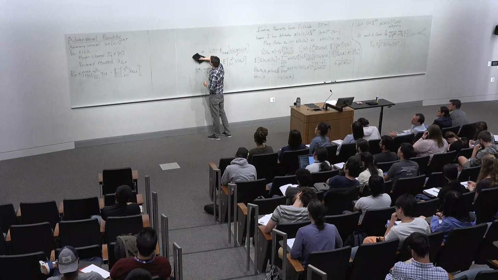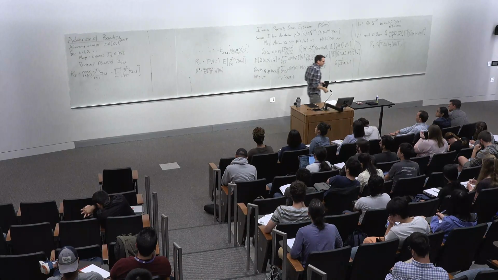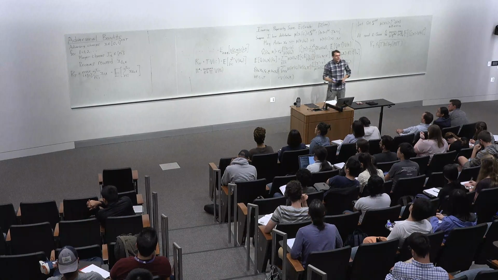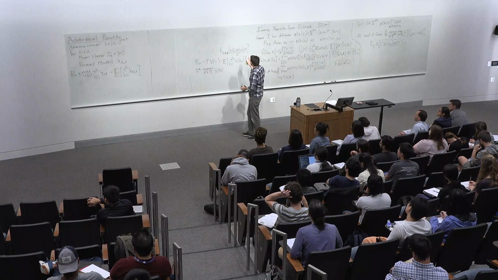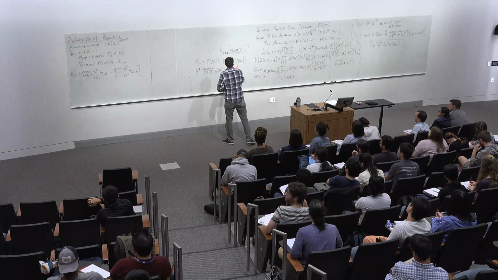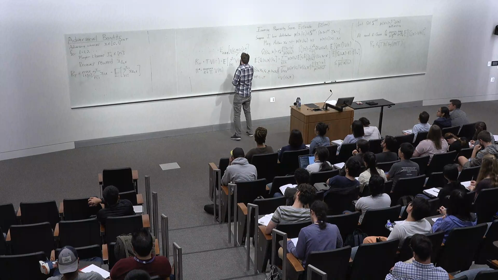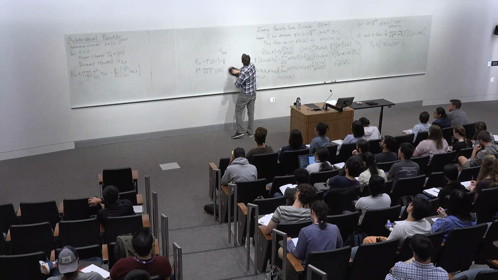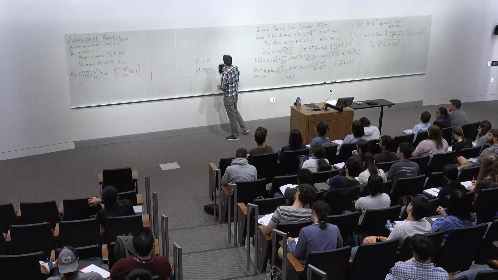Just take a moment and think about why. A deterministic strategy means that the adversary can predict exactly what you're going to do in response to his rewards. So just take 30 seconds and think about that.